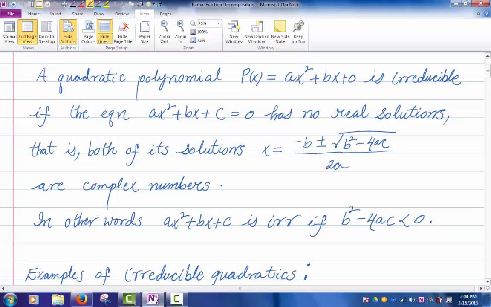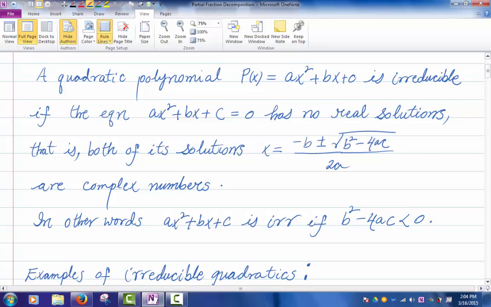A quadratic polynomial is irreducible when the corresponding quadratic equation has no real solution.